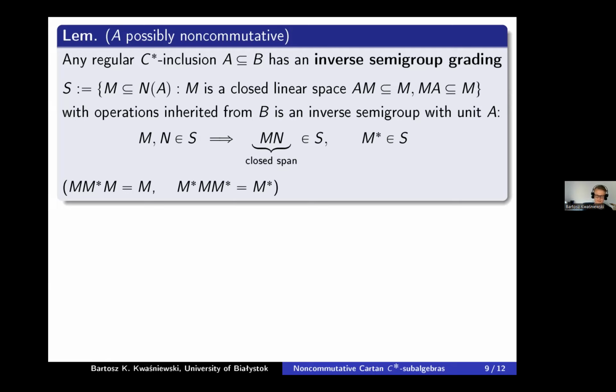Naturally. Bartosz? Yes. Do you actually need M contained in M? And the last two conditions in the definition of S, aren't they automatic as well? I don't think they are automatic. But yeah, the model example would be if we consider the groupoid picture, where functions on bisections would be normalizers. So we take any bisection.